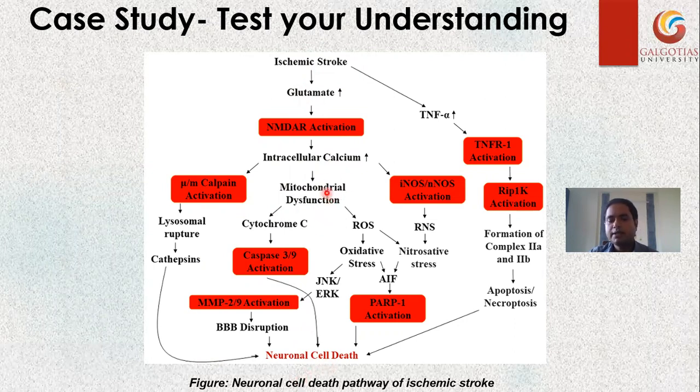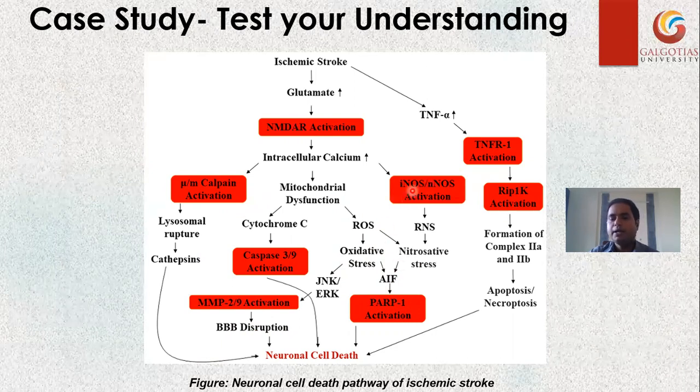The mitochondrial dysfunction also generates reactive oxygen species that create oxidative stress, and it can induce MMP2 and MMP9 activation that leads to blood-brain barrier disruption. And the oxidative stress also leads to the induction of the apoptosis-inducing factor that leads to PARP1 activation.